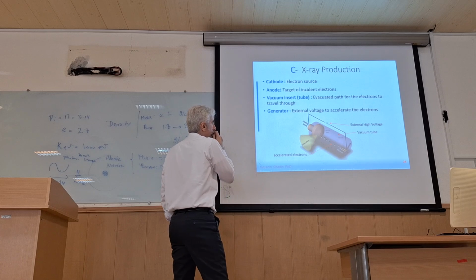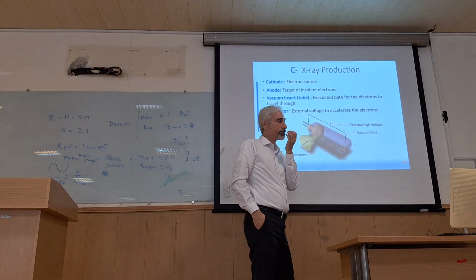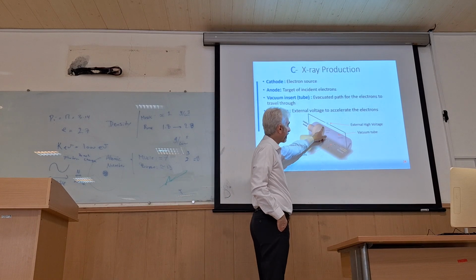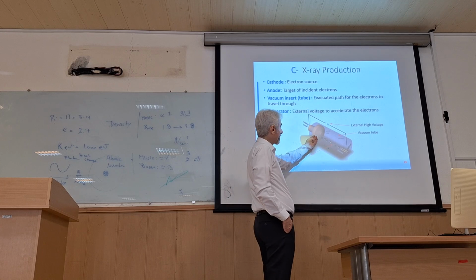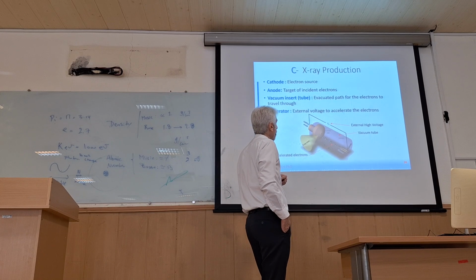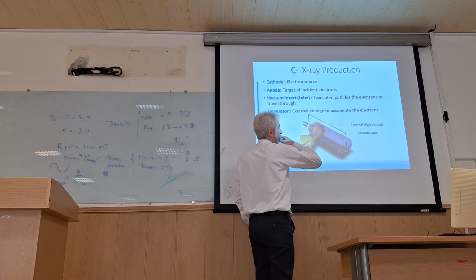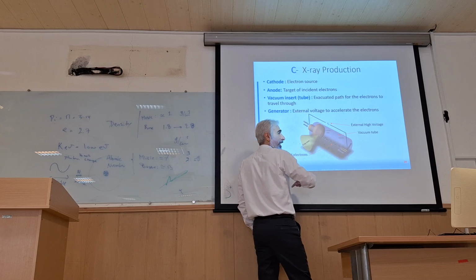How it works: we have a cathode that generates free electrons. There is an anode here in front, the target of incident electrons. Why do we use a vacuum? Because the path for the electron should be very clean.